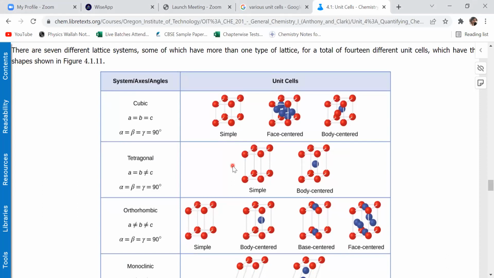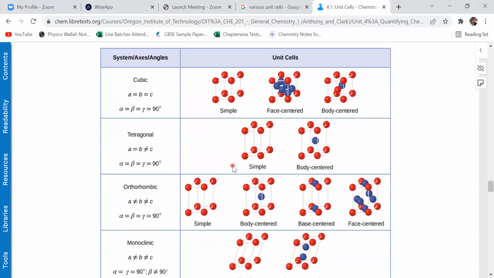And I also showed you how the axes and the angles are related to each other. If you look at the tetragonal, you can see the difference between the cubic and the tetragonal representation. The second one, which is tetragonal, looks a bit like a rectangle. The above is a cube. So these are just different types of unit cells with different shapes.